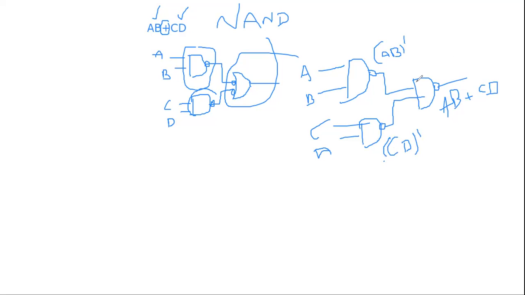Now what we getting here? Bubble. So AB bar into CD bar whole complement, right? Whole bar.